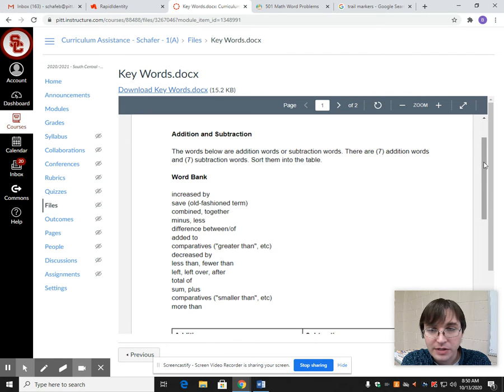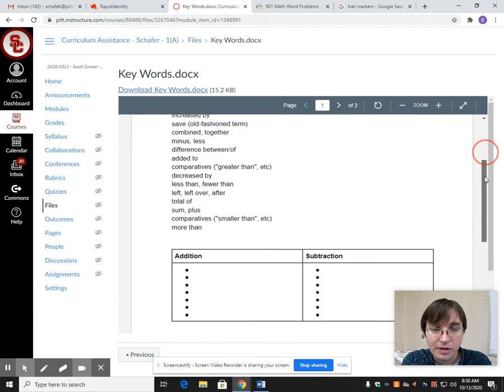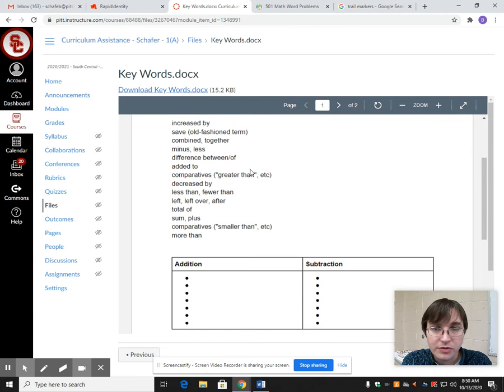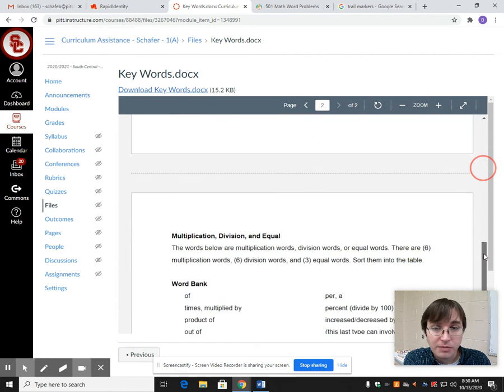Some of the words in this will signal that you should add something. Some of the words will signal that you should subtract something. I want you to sort them into the correct spots on the tables. There will be 7 addition words and 7 subtraction words. When you finish with that, you're not done yet.